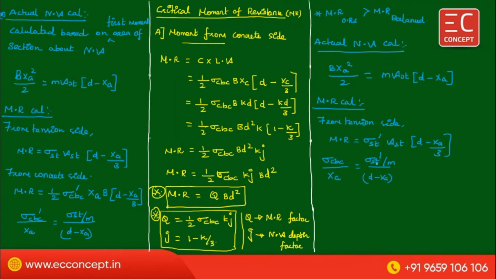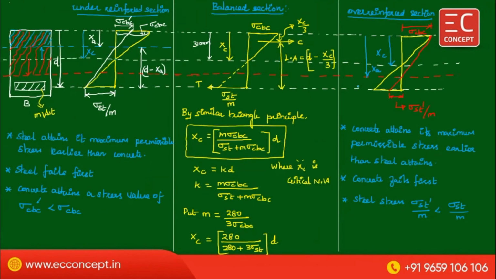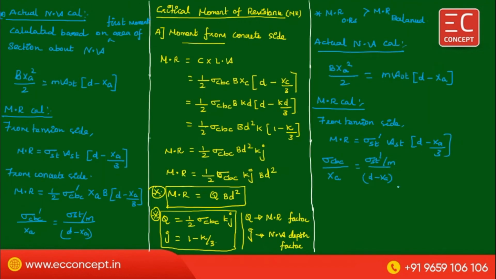See this diagram: for xa, sigma cbc; for d minus xa, sigma st dash divided by m. From that you can conclude what sigma st dash is.